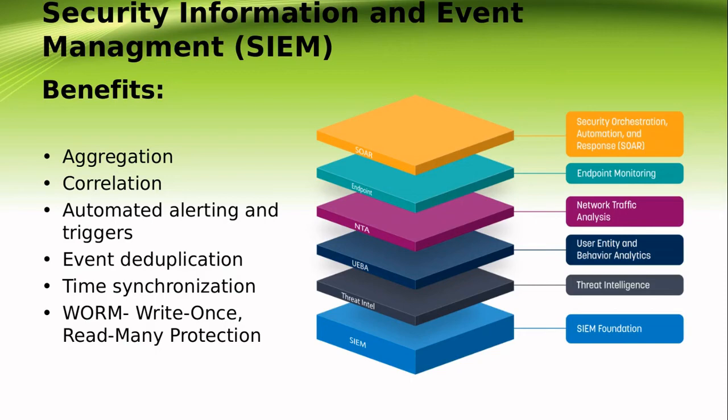In the picture, layer by layer, you can see the role it plays: SIEM, threat intelligence, user entity behavior and network traffic analysis, endpoint monitoring, and security orchestration, automation and response. So this is how it is played with SIEM.